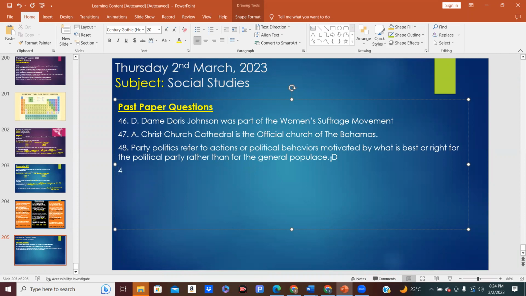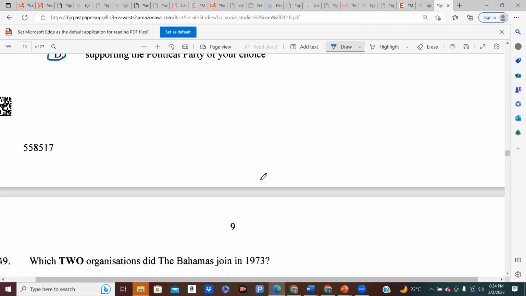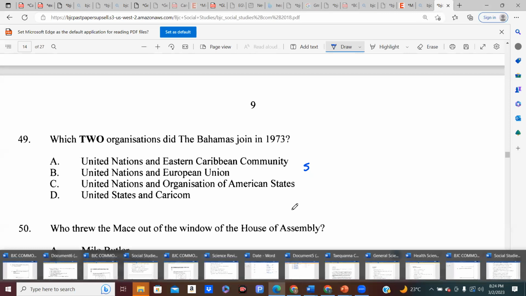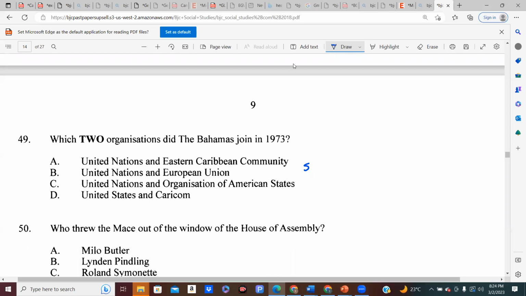Number 49. Okay, we have to skip this one because they don't have the correct option for number 49.